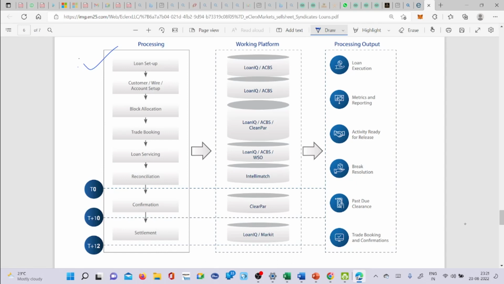If it is not set up, you might have a question: what would be the other process? If you don't have the security set up in your system, then you require documentation, maybe an agreement or contract note, or the security purchase agreement, which defines the terms and conditions of that particular security.